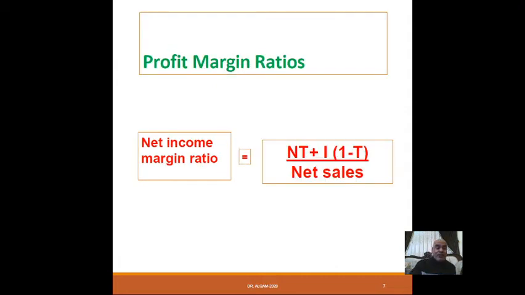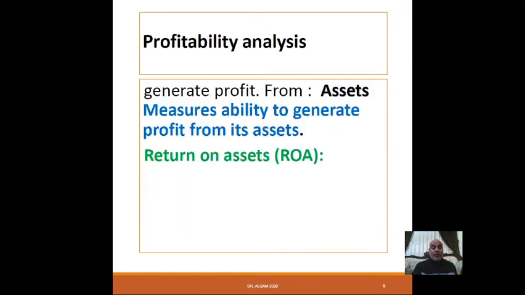The third ratio, net income margin ratio, is net income plus interest expense multiplied by 1 minus tax rate, over net sales. We add interest because we need to exclude the financing effect on net income. So we go to the next.